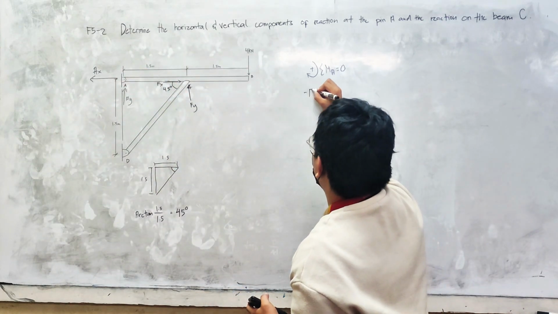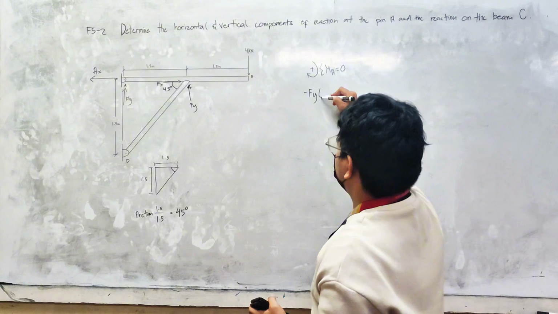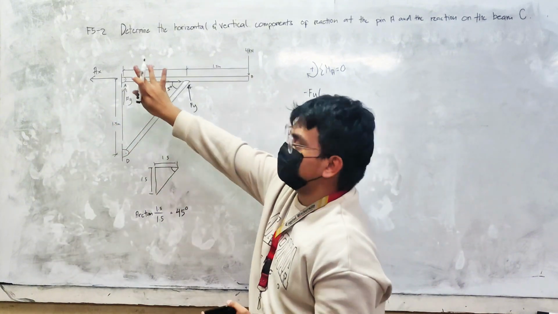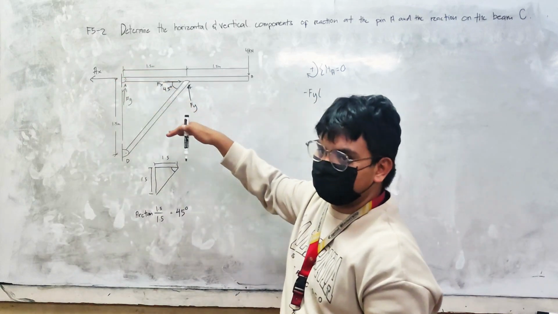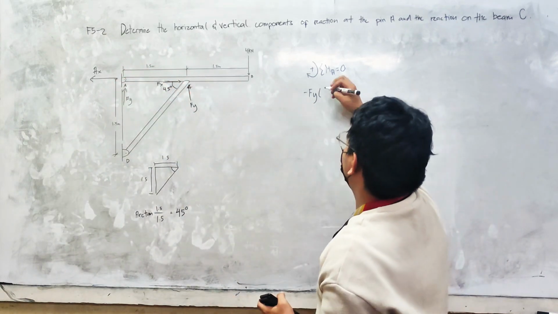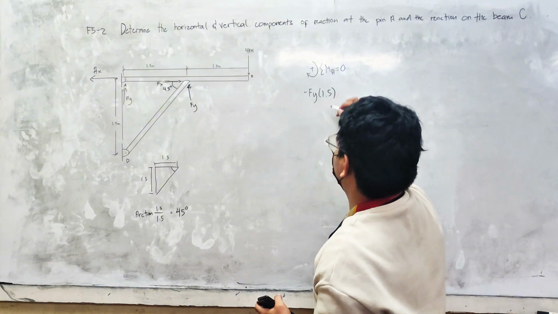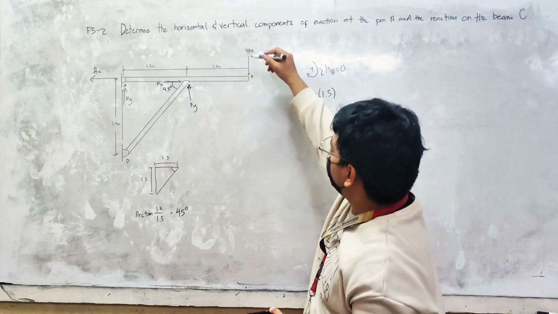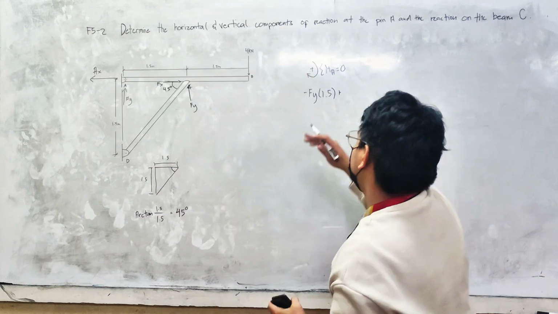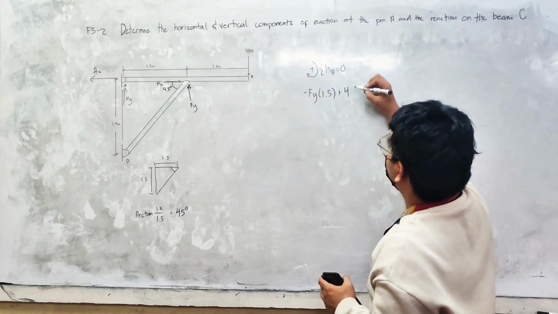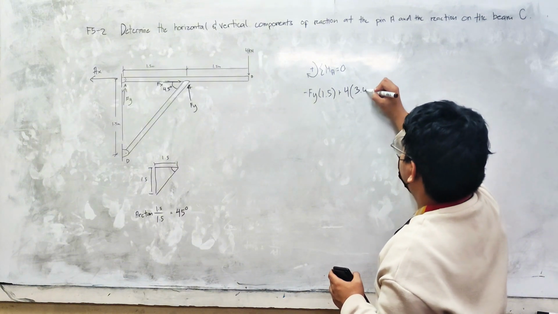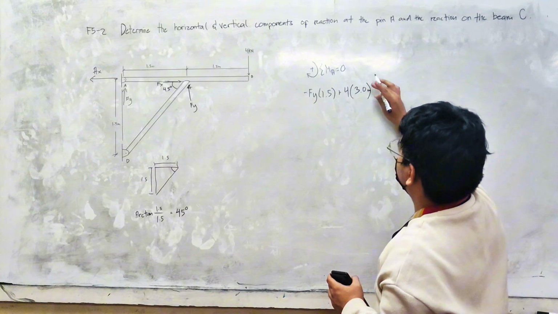So we have negative Fy times its distance, which is here, since it is perpendicular to the force. So we have 1.5 meters. And our 4 kilonewton, since it is going clockwise, it is positive. So positive 4 times its distance again, which is going to become 3 meters.